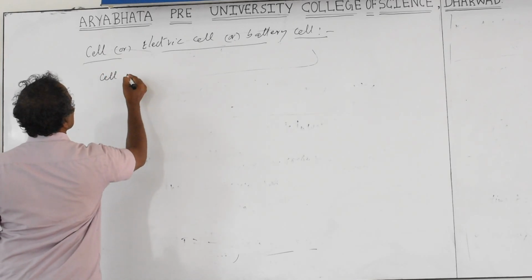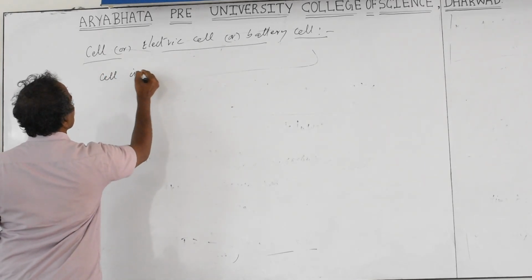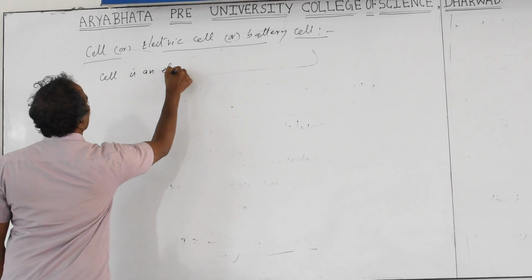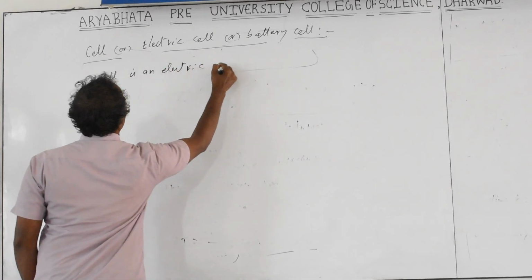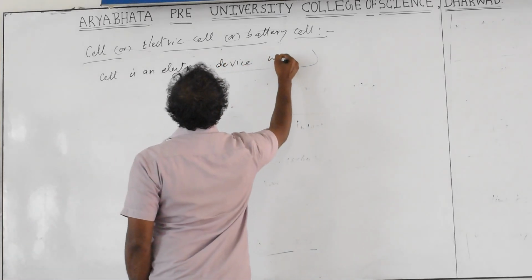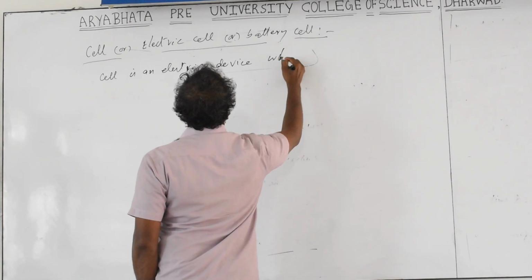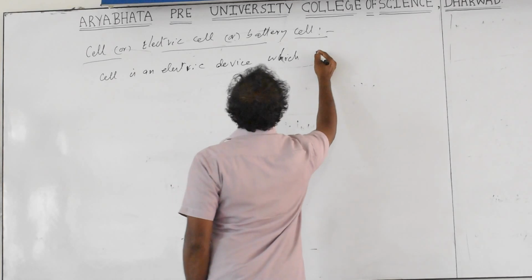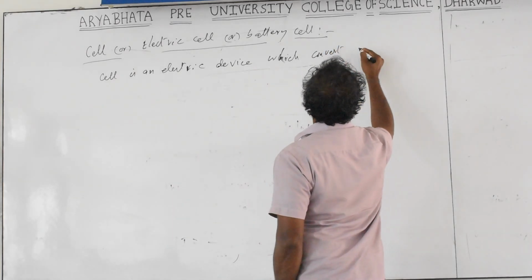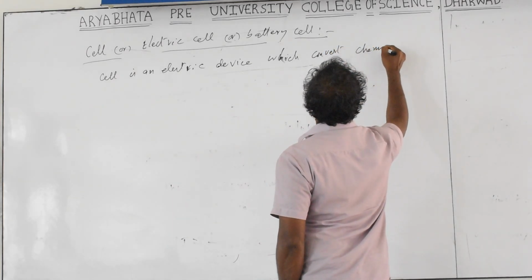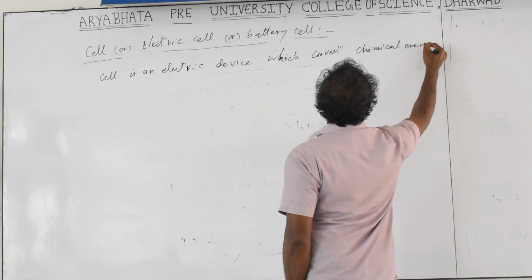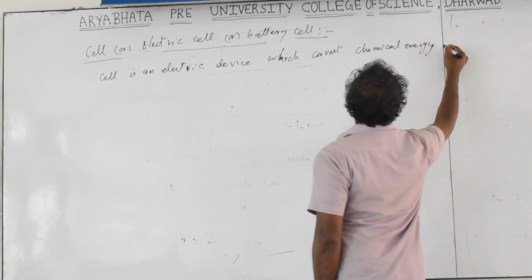A cell is an electric device which converts chemical energy into electrical energy.